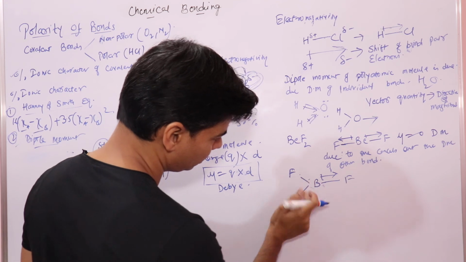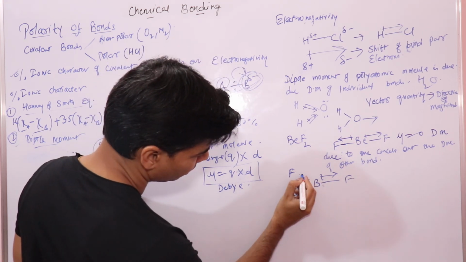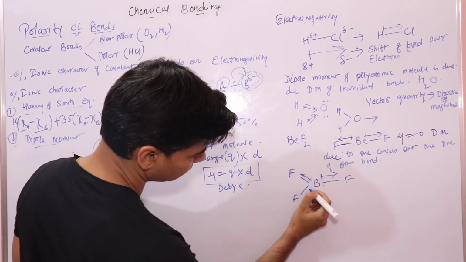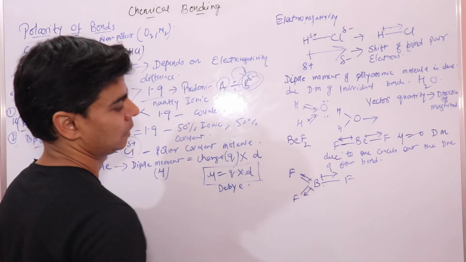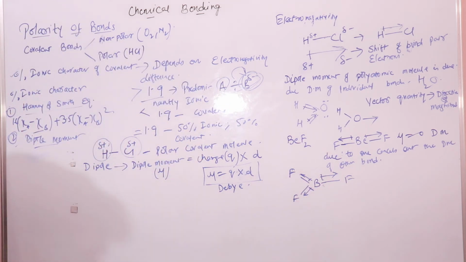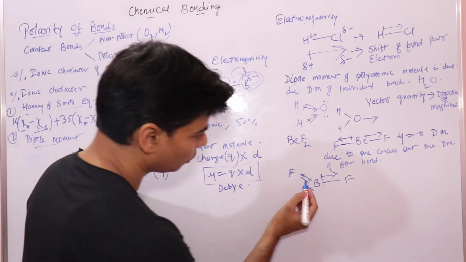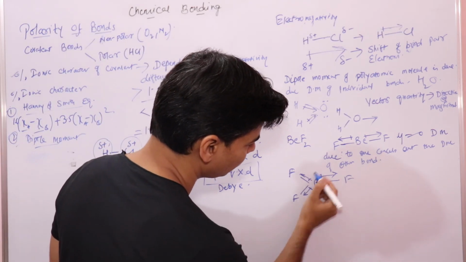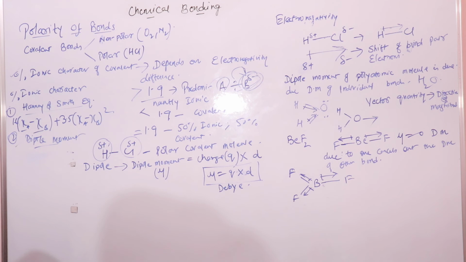We draw it again. This is fluorine, here it's more electronegative. So here also the dipole moment of these two bonds will cancel out due to this bond. Here again the dipole moment is 0.